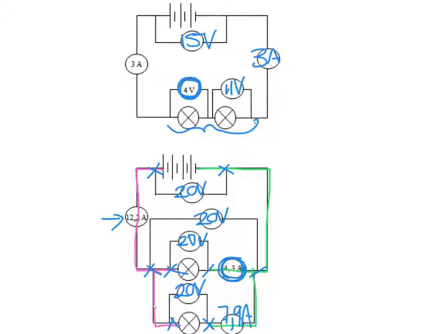These 20 volts need to be used by the parallel system, 20 volts, which means that it doesn't matter if you go to the top branch or to the bottom branch, you're still going to need to use 20 volts. But the current splits, so the 12,2 amps splits, 4,3 amps goes to the top branch, leaving only 7,9 amps for the bottom branch.